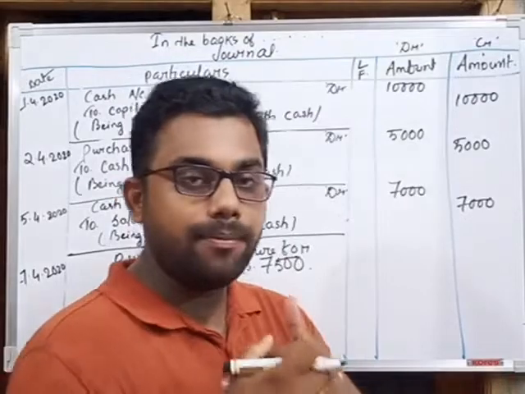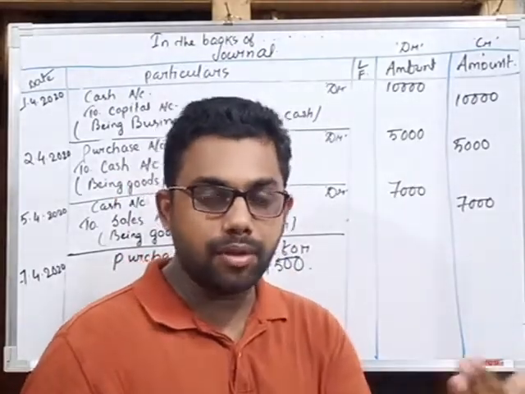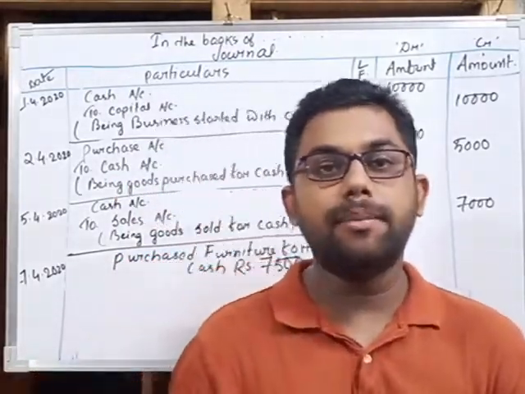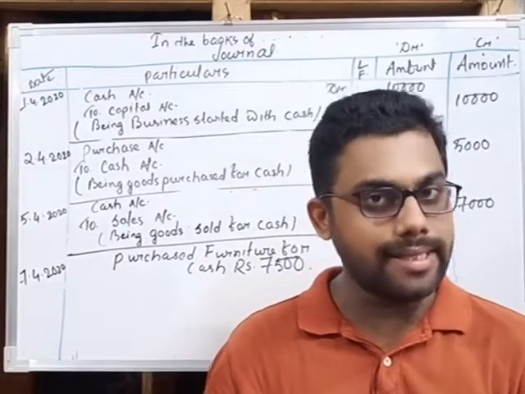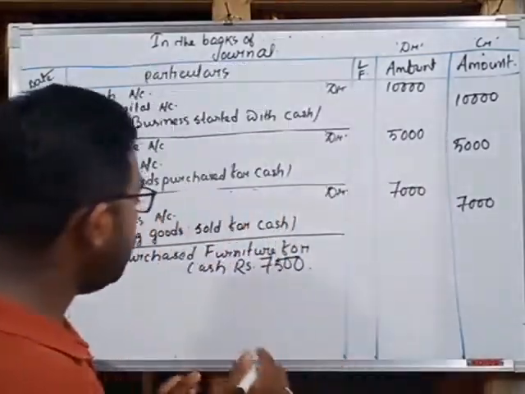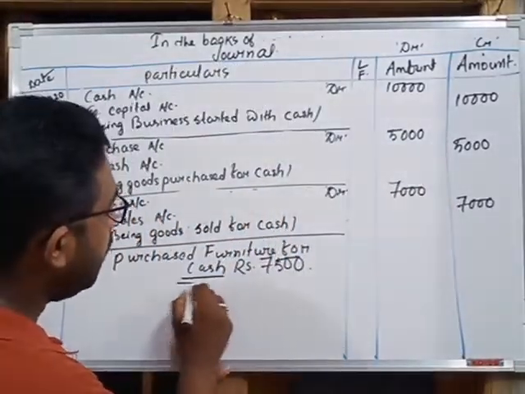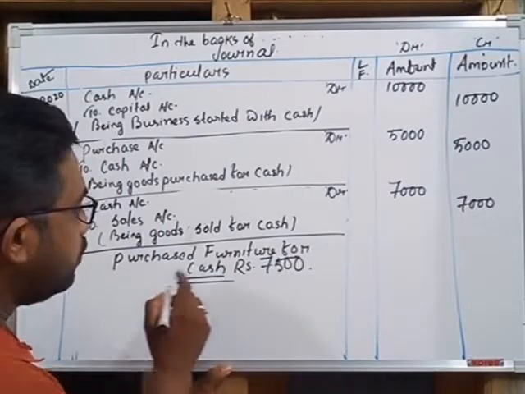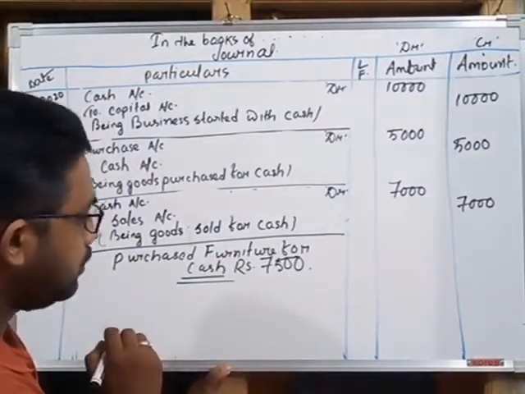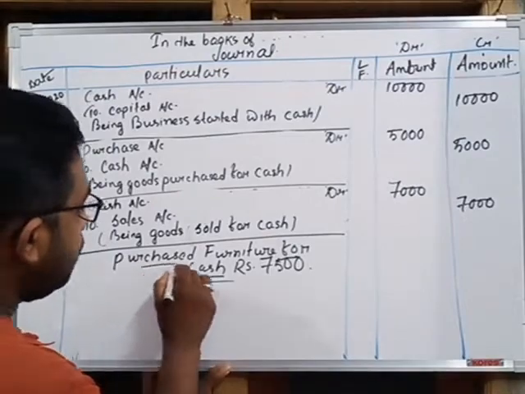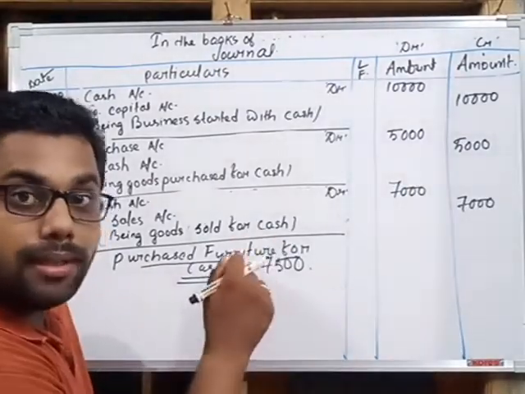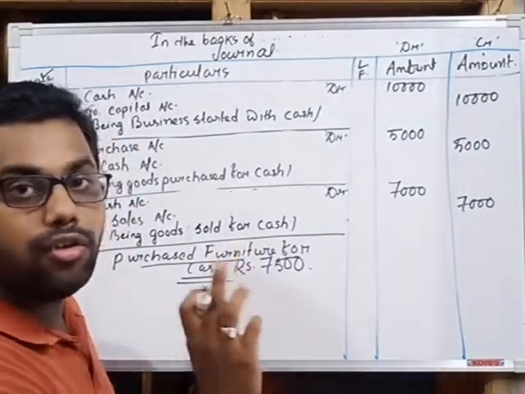So whenever any article is used by the business, it is our asset. And how will they purchase the furniture? They will purchase the furniture for cash. So what will be the accounts affected by the transaction? Purchased furniture. If the business purchases goods, then the account will be the purchase account.